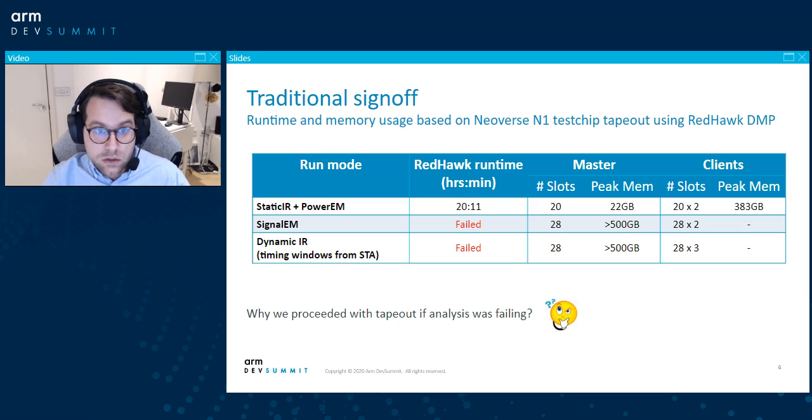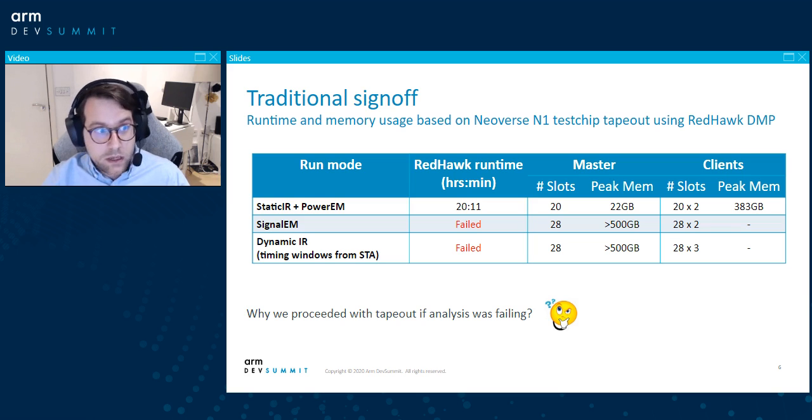The resources used for the master job were 20 slots and 22 gigabytes of RAM, while for the client jobs were 20 times 2 slots and peak memory of 383 gigabytes of RAM. Unfortunately, we were never able to run signal EM and dynamic IR full flat analysis, as the tool came across high memory requirements, more than 500 gigabytes, which ultimately led to a segmentation fault of the tool.